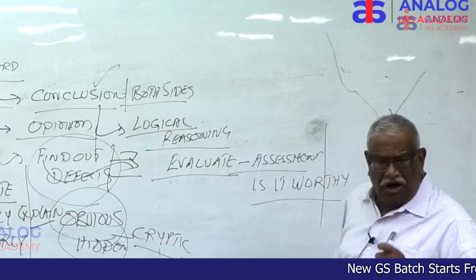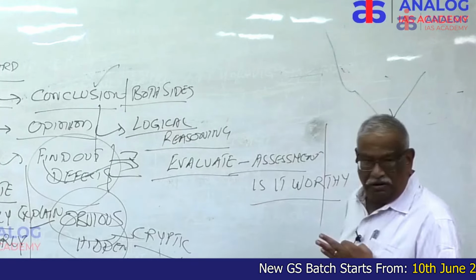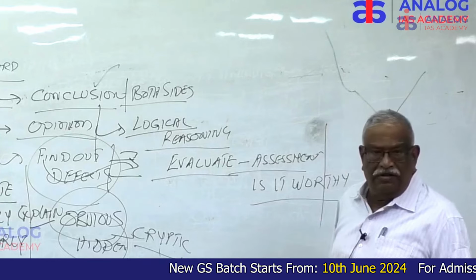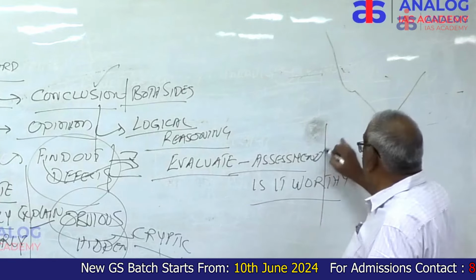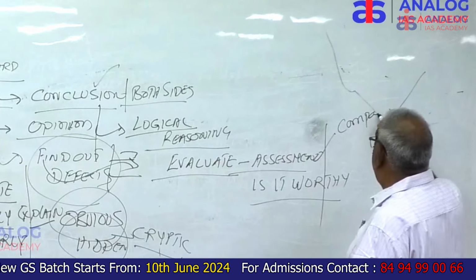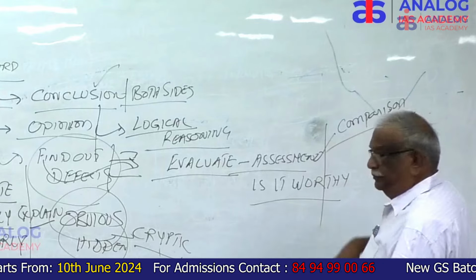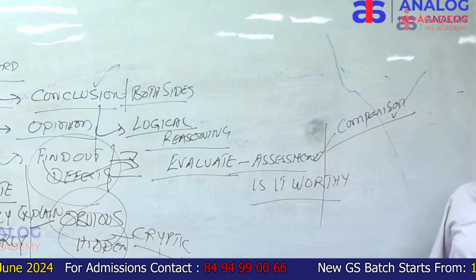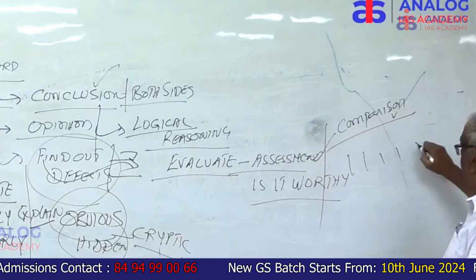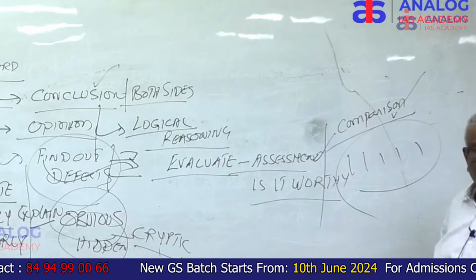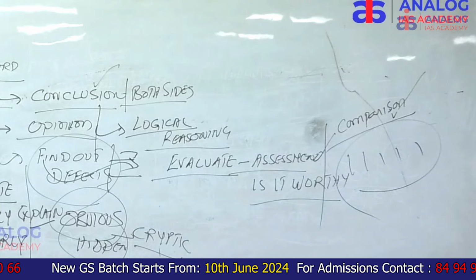Deciding whether it is useful or not, deciding whether it is worthy or not, spending the money or whatever it is. For that, you'll have to have some comparison also. Something is good, something is bad. You compare. You want to buy a car. There are so many brands available. How do you decide which one? You evaluate each one, is it not?